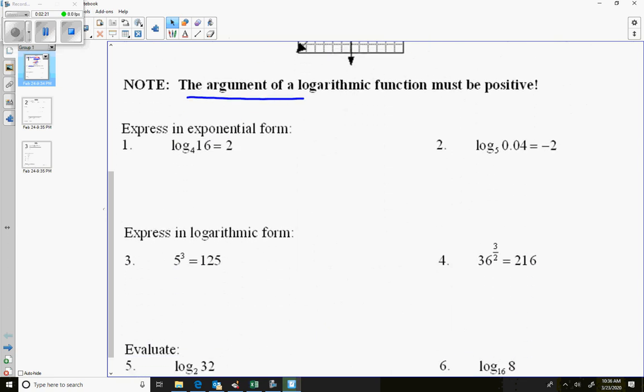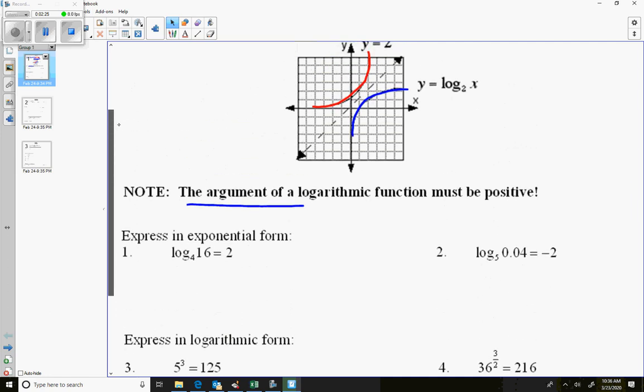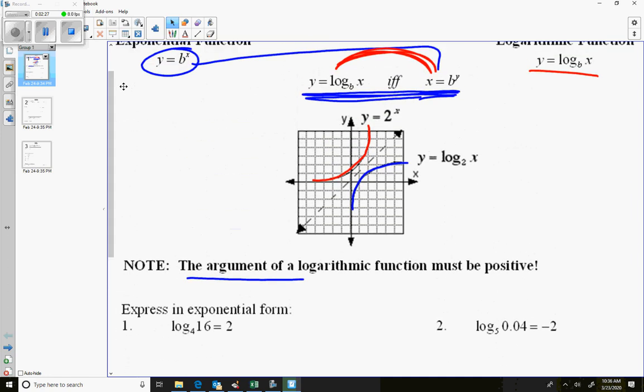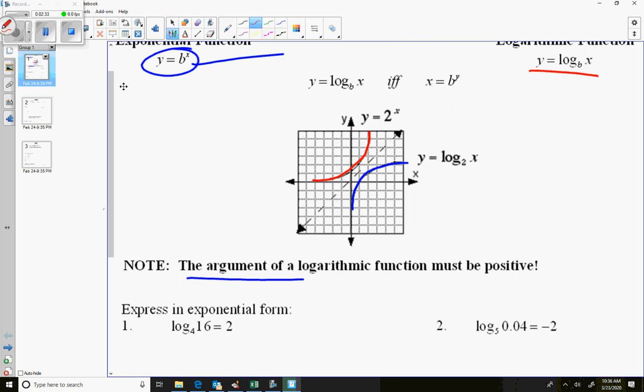First step, we just need to be able to go back and forth between these two. Let me erase that, I got too much stuff going on. To get from your logarithm to your exponential or vice versa, the base of the log is the base of the exponential. So, the base is the base.